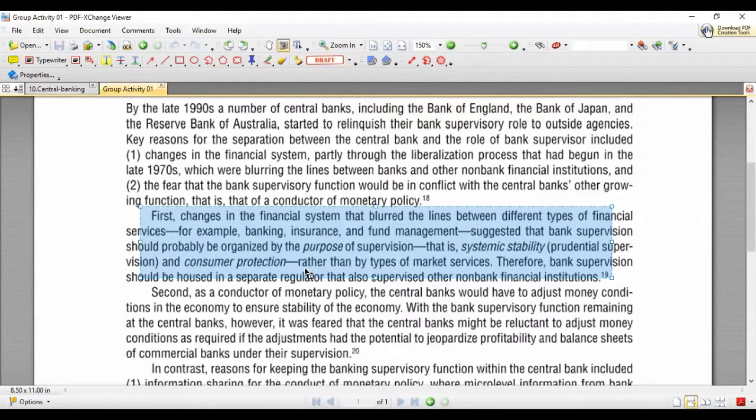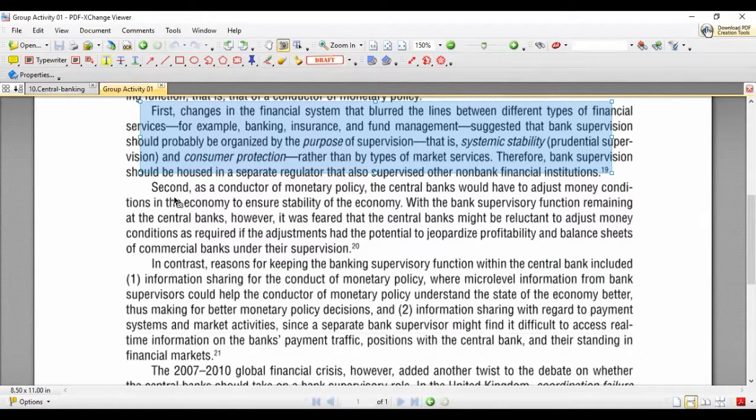So they argued that the central bank has direct control over the banks. But then what about the non-bank financial institutions? That's the argument they brought here. And the second one is the fear that the bank supervisory function would be in conflict with the central bank's other growing function, that of a conductor of monetary policy. Here you have the explanation.